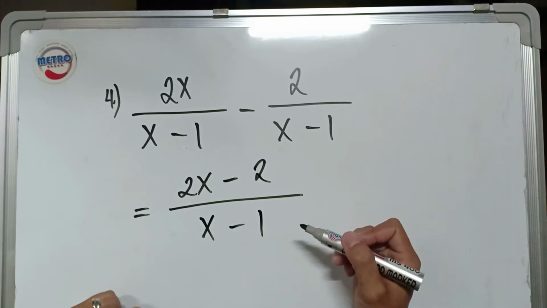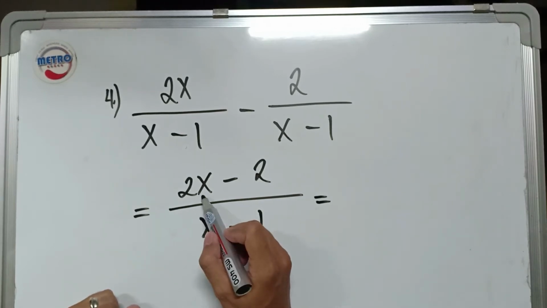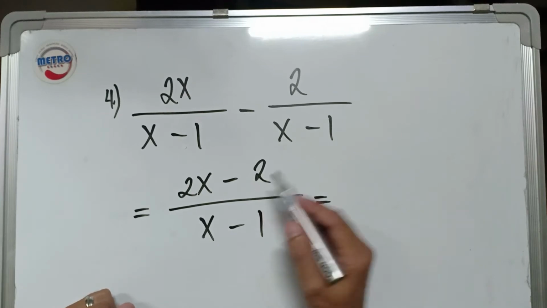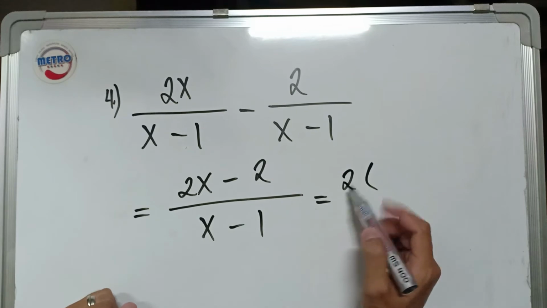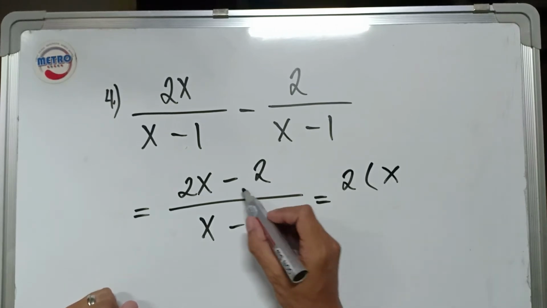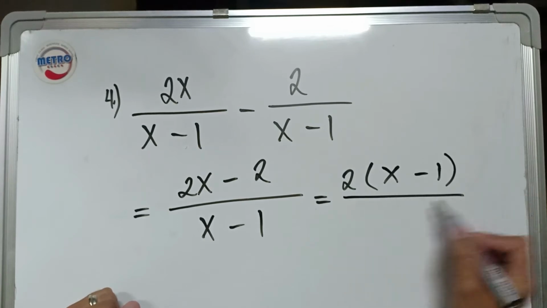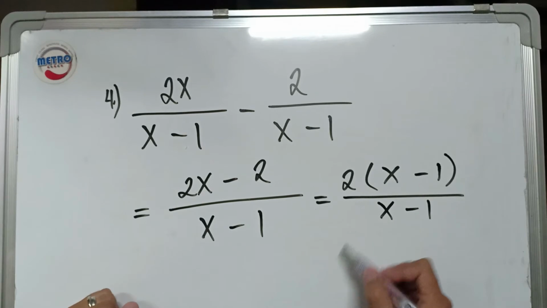Now, you have to recall the lessons about factoring. If you notice, this term 2x and negative 2 are having a greatest common factor of 2. So meaning, 2x divided by 2 is x. And negative 2 divided by 2 is negative 1. Then again, copy the denominator, x minus 1.